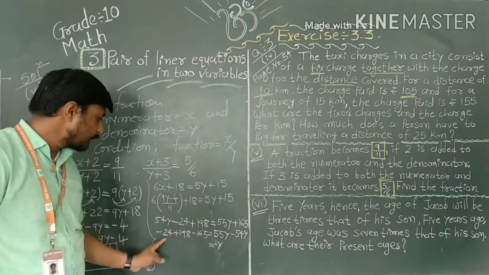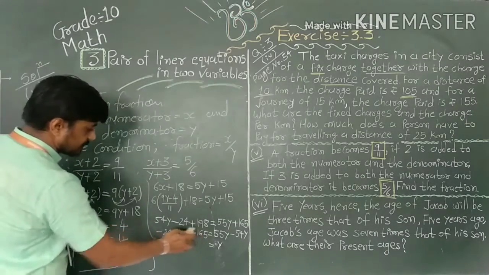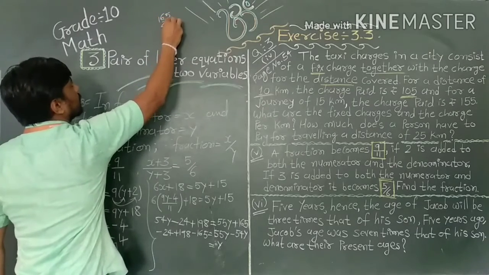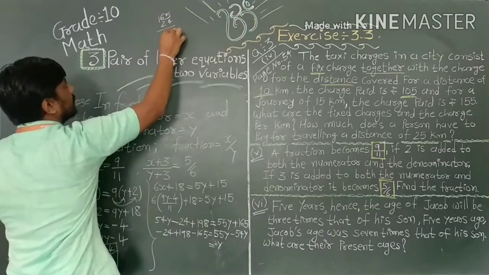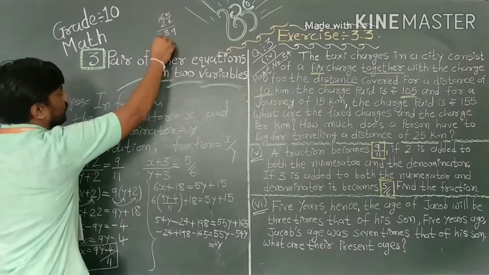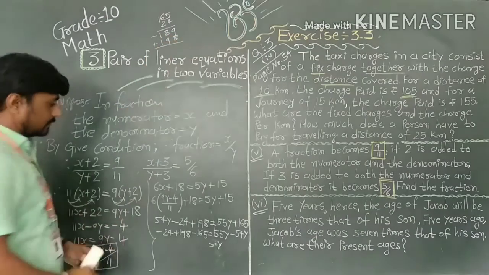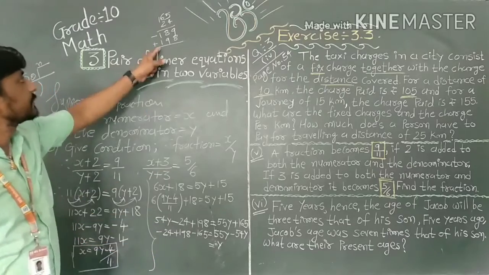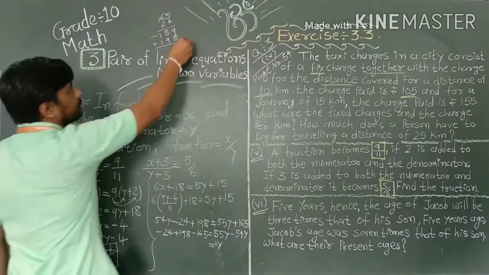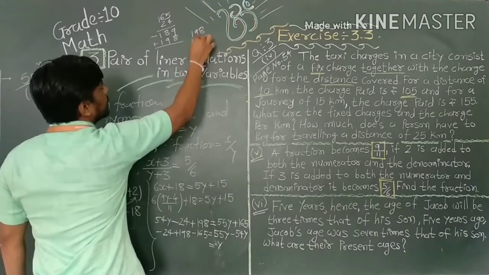That means we have to add them first and after that subtract from 198. What happened? 165 plus 24, that means 189, and minus 198. Okay, this is the sign of 198. What happened? 198 minus 189.